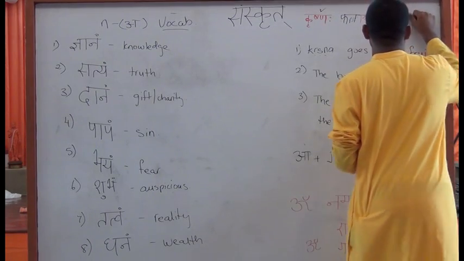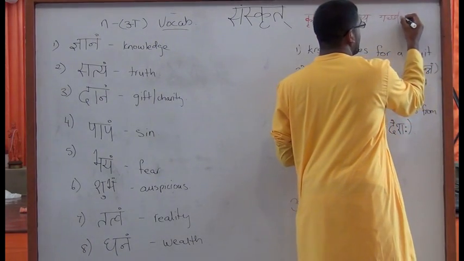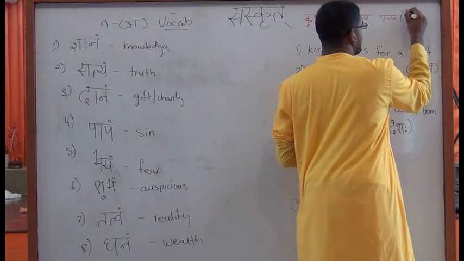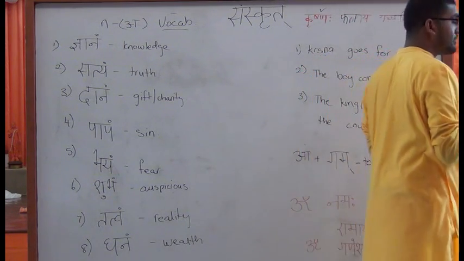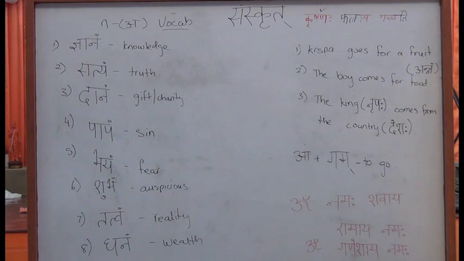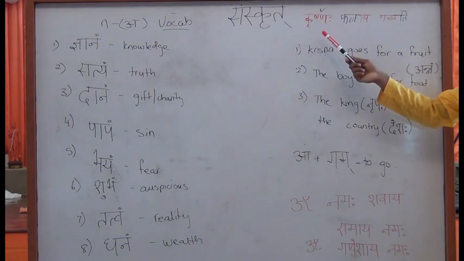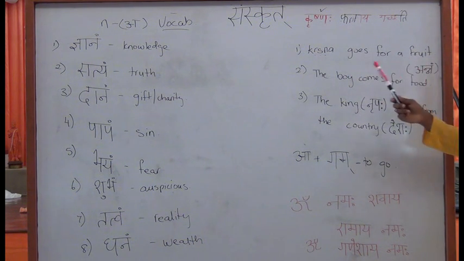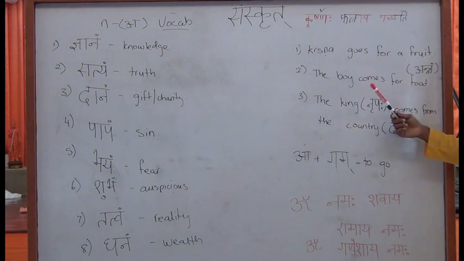So here it was supposed to be Gaccha. Very, very good job, Uncle. So that's the first one. Krishna Phalaya Gacchati. Krishna goes for a fruit. Right? Second question now.